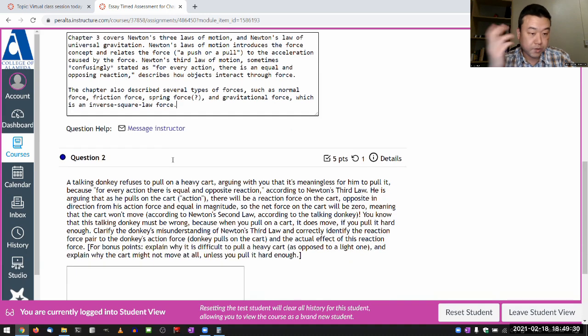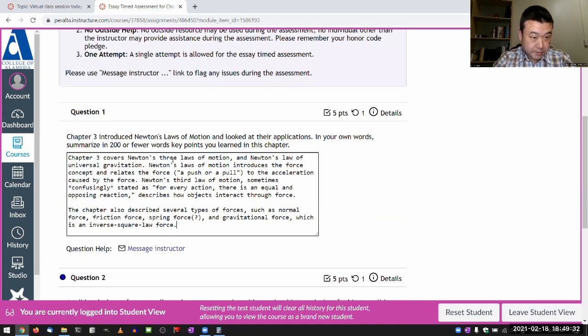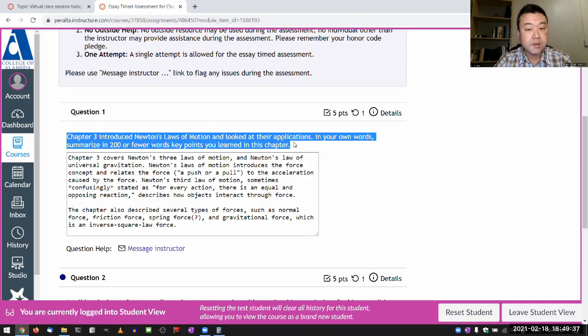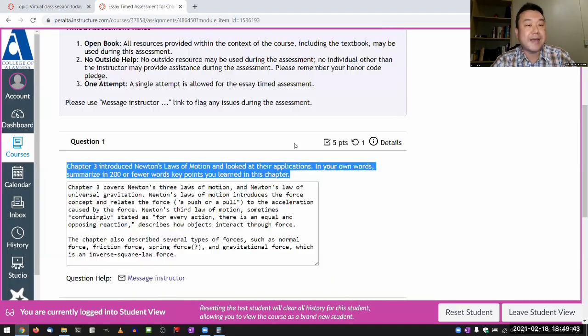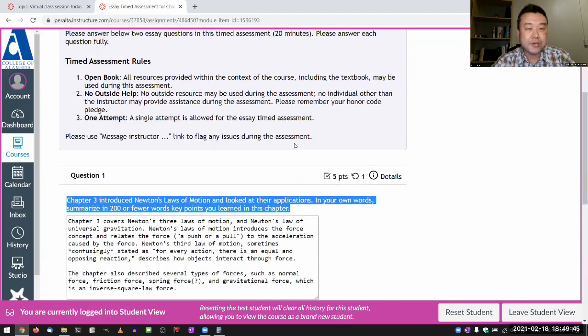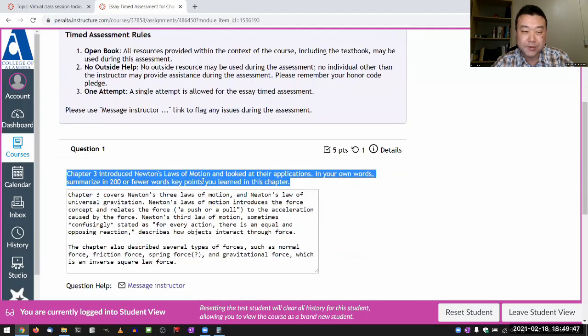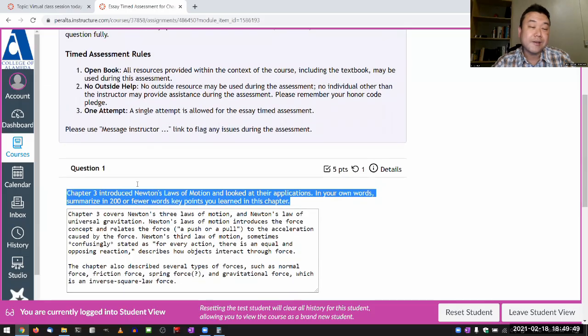So do your best there. That open-ended question is one question you will always see for every chapter timed essay assessment. For chapter 2, you will see basically the same question that relates to chapter 2.